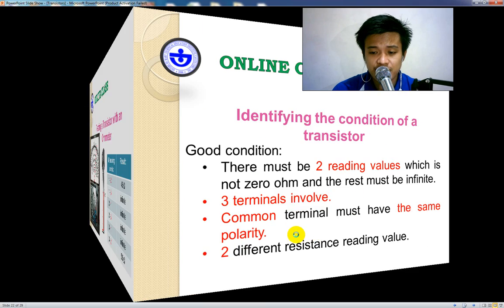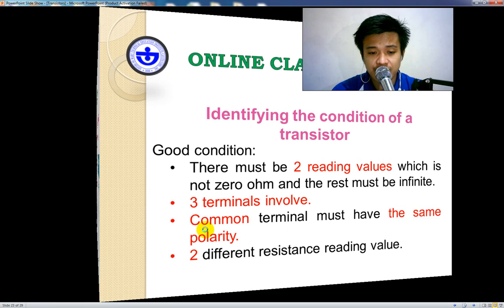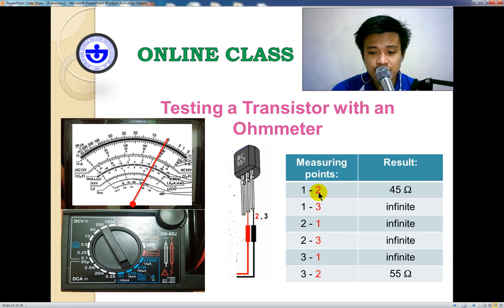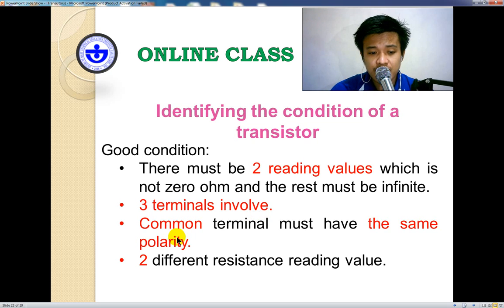But what is being specified? The common terminal must have the same polarity. Let's try. Yes, terminal 2 in these two readings is both connected towards the red test probe. So it means it has one polarity. That makes this statement correct.